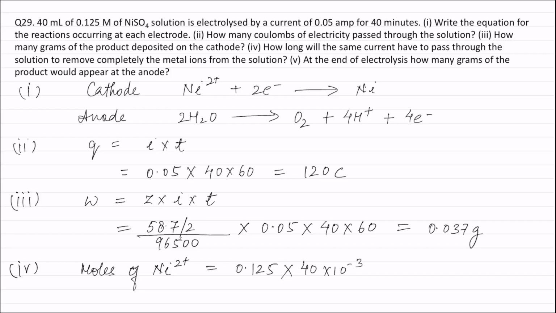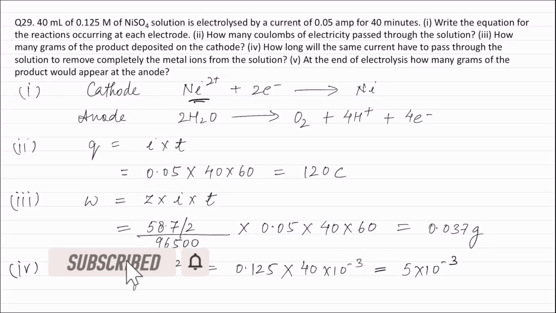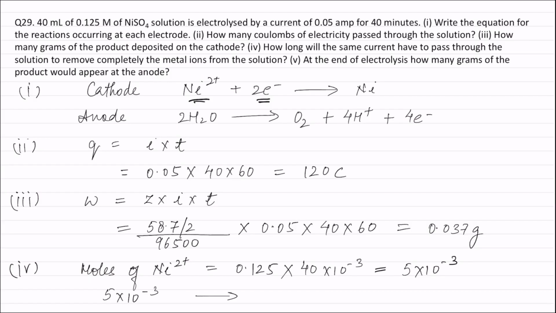Therefore, moles of nickel ions will be equal to 5 × 10^-3 moles. Now, 1 mole of nickel ions requires 2 moles of electrons. Therefore, 5 × 10^-3 moles of nickel ions will require 2 × 5 × 10^-3 moles of electrons, which is equal to 10^-2 moles of electrons.